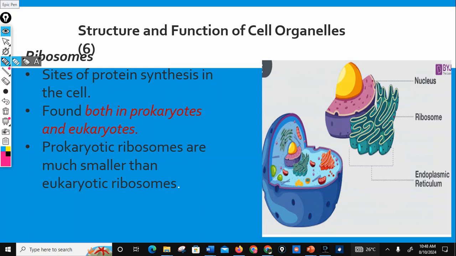So, protein is being produced in the ribosome.